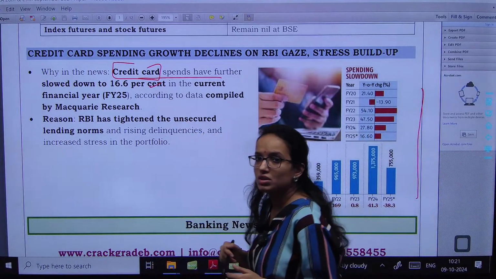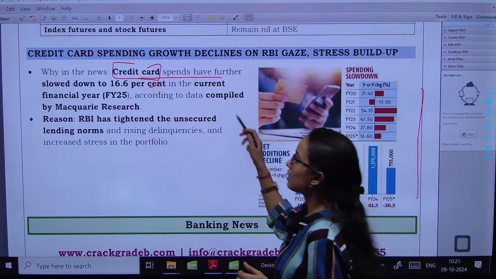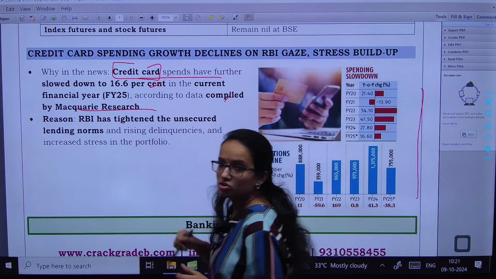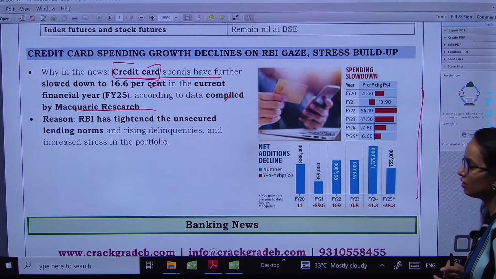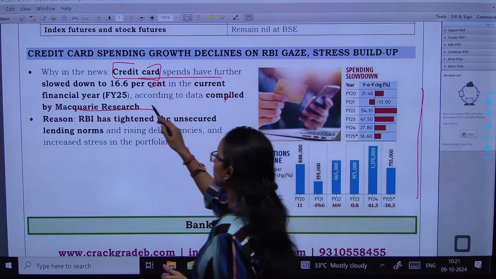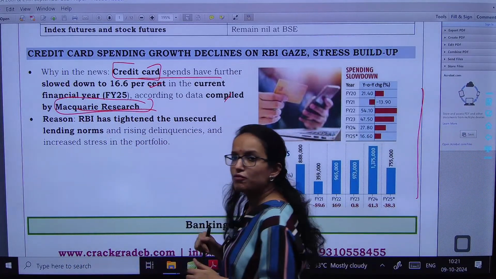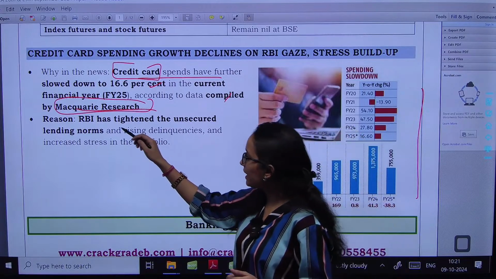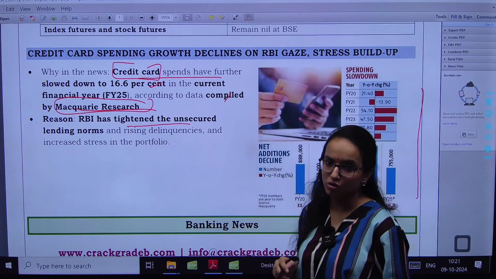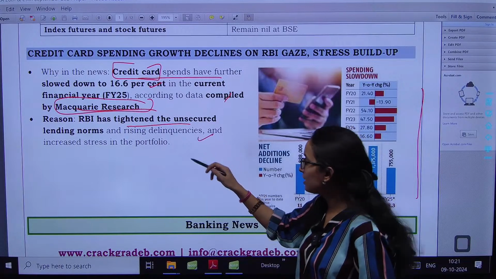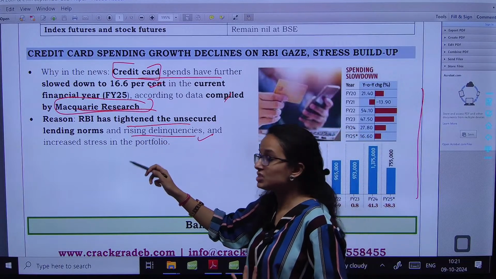This is the reason. So remember, this data shows that credit card spending has further slowed down to 16.6% in the current financial year, according to data compiled by Macquarie Research. So this institute has compiled the data. What is the reason? As I told you, RBI has tightened the unsecured lending norms because of rising delinquencies and increased stress in the portfolio.